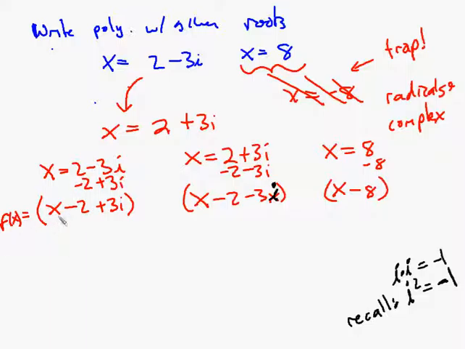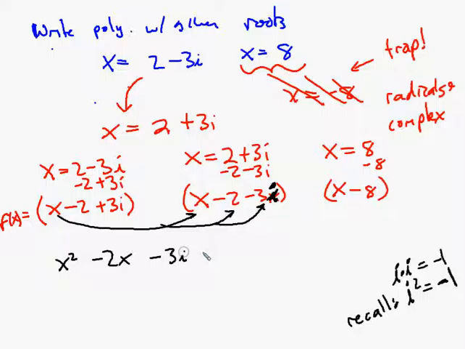So I'm going to multiply these out. x times x is what? x squared. Now notice, I'm not going to start multiplying over here. I'm going to start with my conjugates. Okay? And then x times this is going to be negative 2x. And then finally, that's a 3i. I just messed it up. That's going to be minus 3ix.